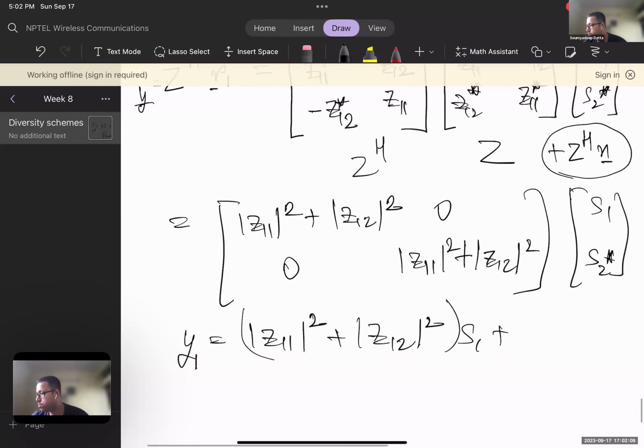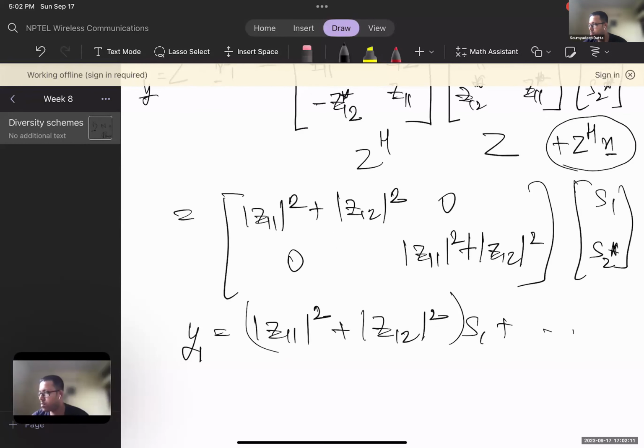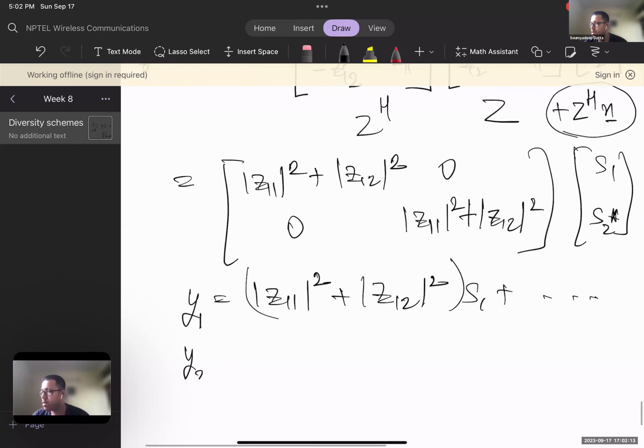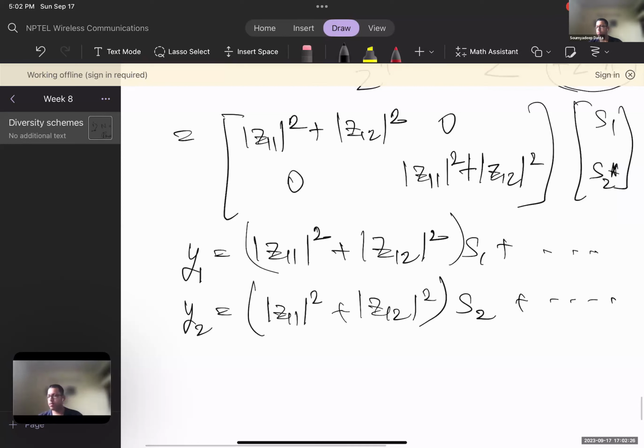Let's ignore that noise term. And Y2 will again be S2 plus some noise term. As you can see, we are combining the channel gains of two streams.